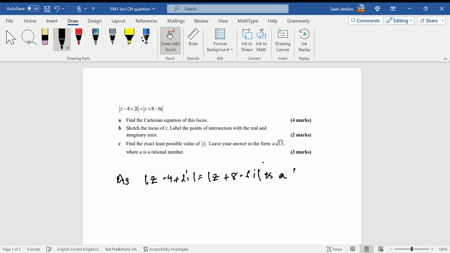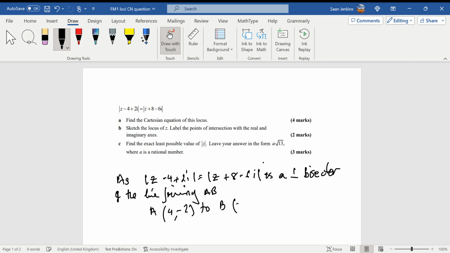So I write that it is a perpendicular bisector of the line joining, let's call them A and B, joining AB, where A is the coordinates 4 and minus 2, to B, which is the coordinates minus 8 and 6.